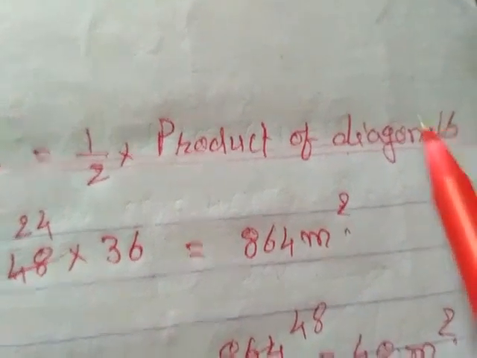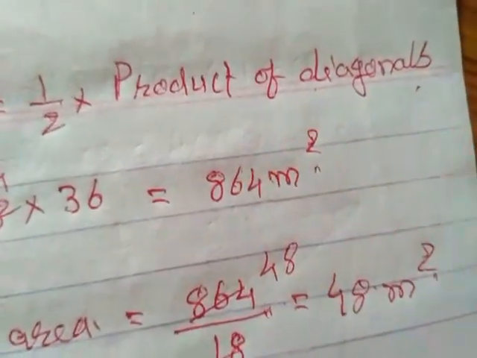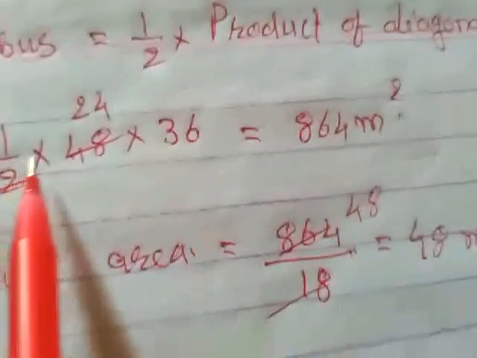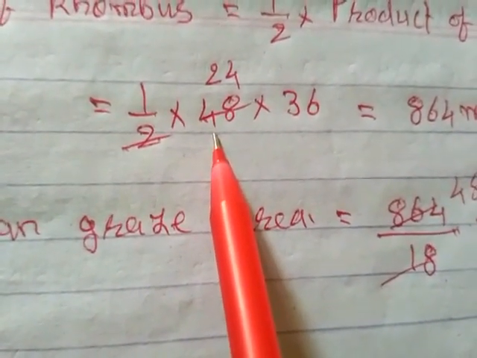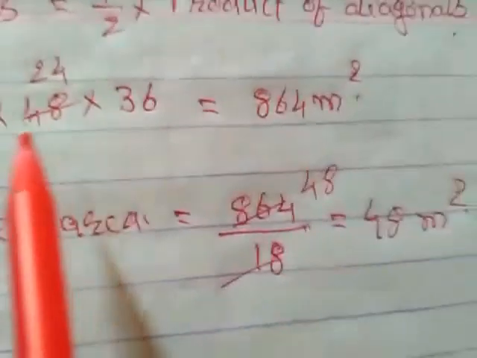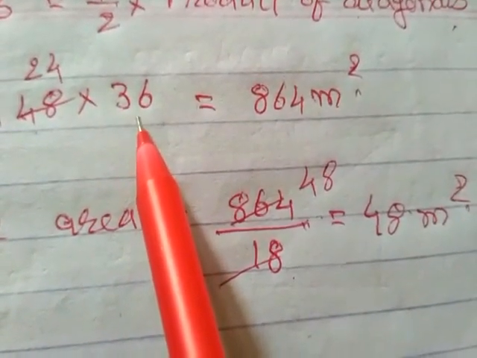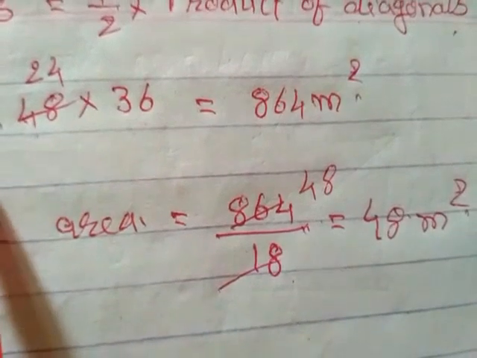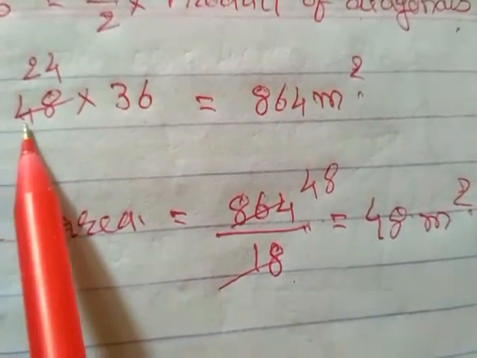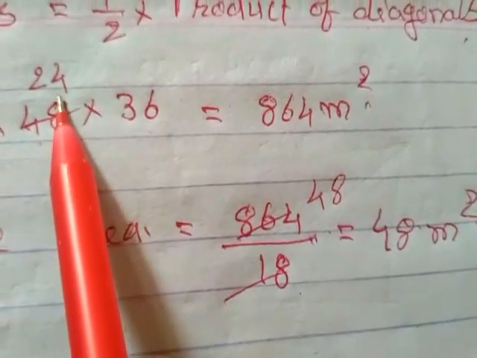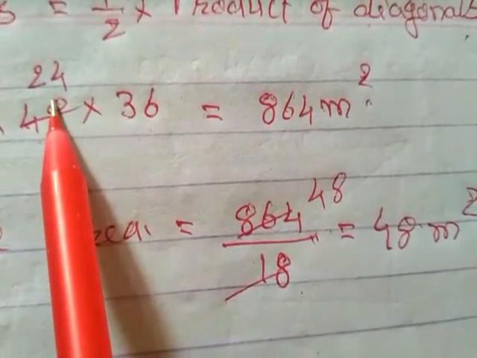Since one of its diagonals was 48 meter and the other diagonal was 36 meter, we have half into 48 into 36. From 2, 48 will go 24 times. So we have 24 into 36 equals 864 meter square.